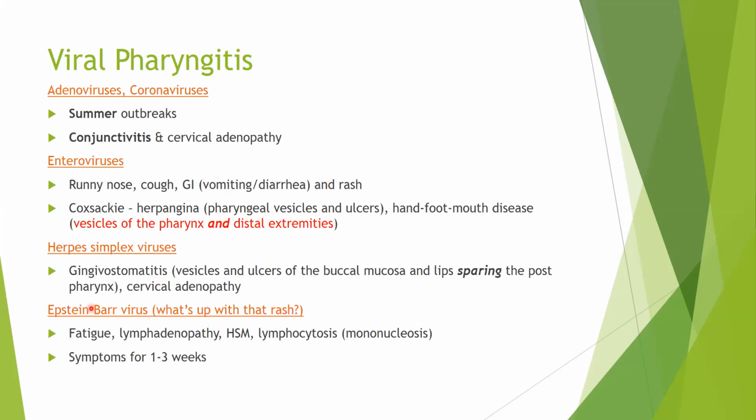Epstein-Barr virus, also known as mono, they're going to have fatigue, lymphadenopathy, and a muffled voice. In their differential, if you actually do labs on them, you're going to see a lymphocytosis, which is actually reactive lymphocytes that appear under the microscope to be closely resembling mononucleocytes.